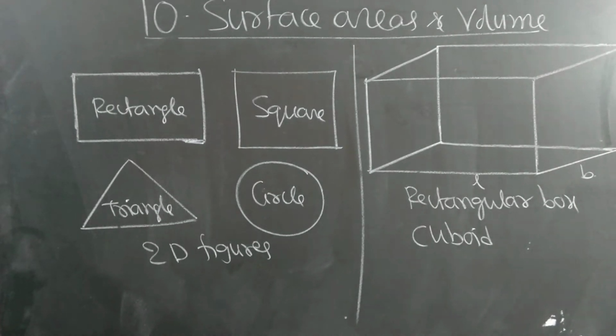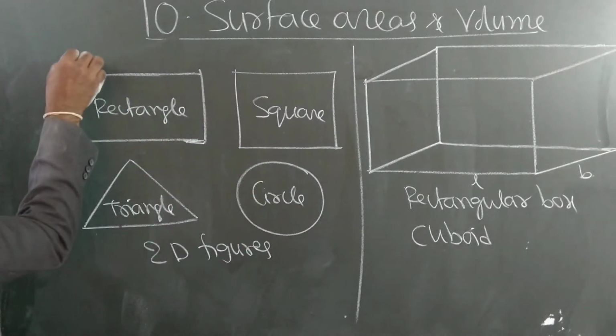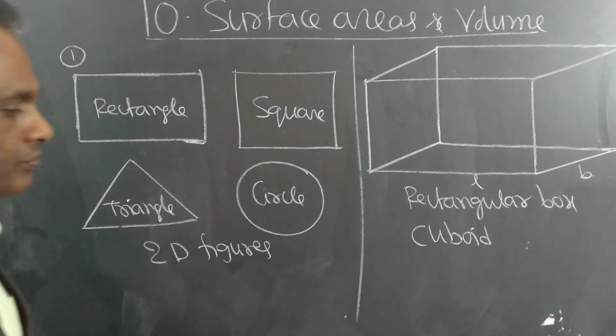Write down the difference between 2D and 3D by giving these numbers. Write down the first point.